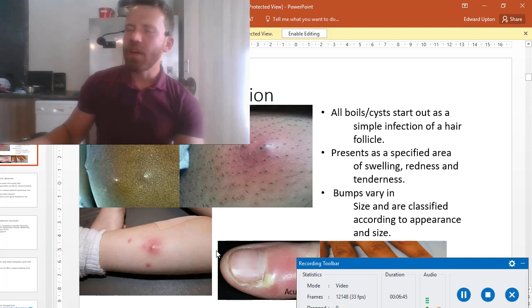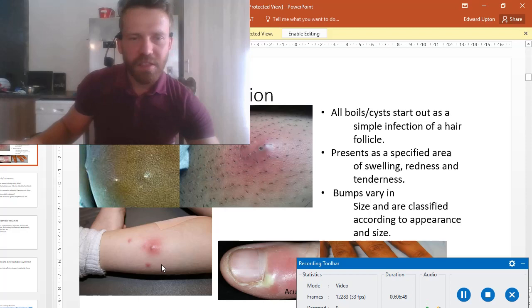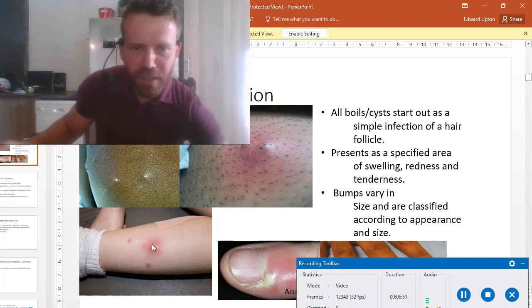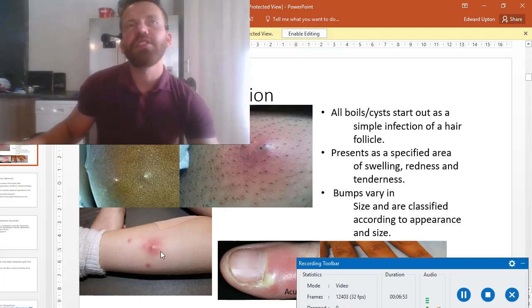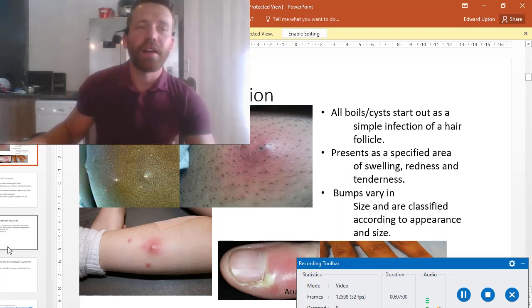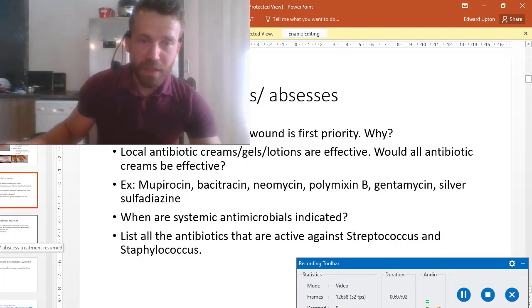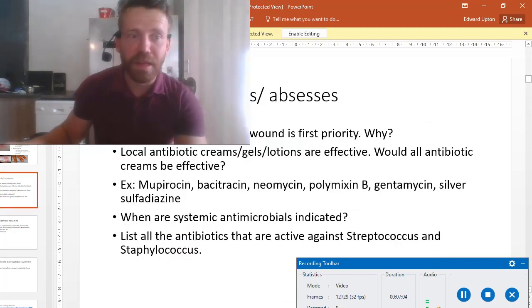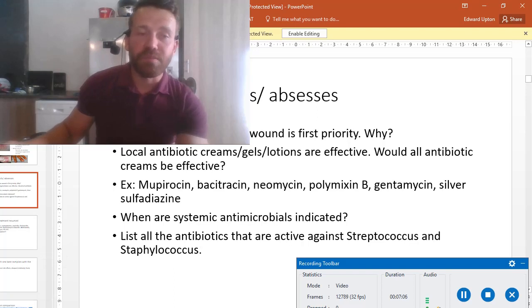You have a high temperature, for example, you have fever, you have systemic symptoms of infection. So if you have a diffuse infection surrounding something like a boil, and you have systemic symptoms like fever, high white cell count, high CRP, then we start thinking, okay, now we have to actually start using systemic antibiotics, because this bacteria is spreading through this person.